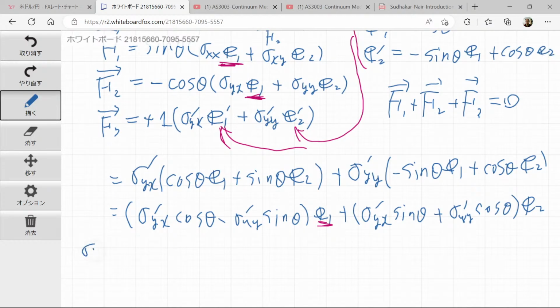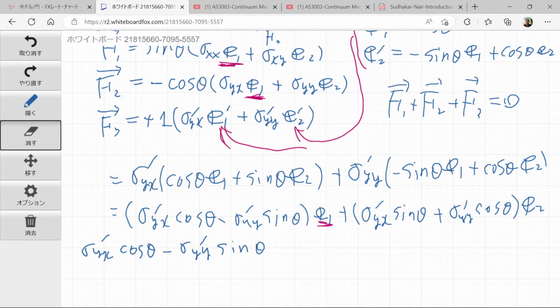Sigma yx prime cosine theta minus sigma yy prime sin theta.